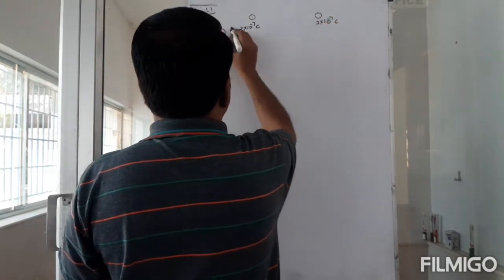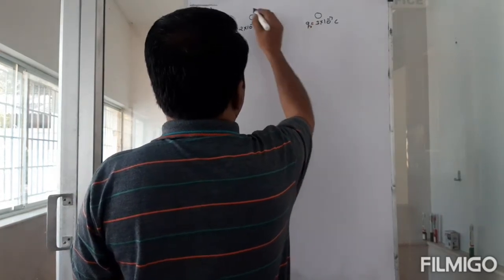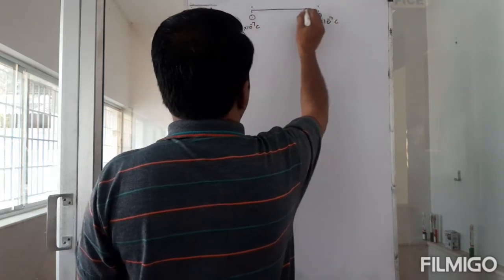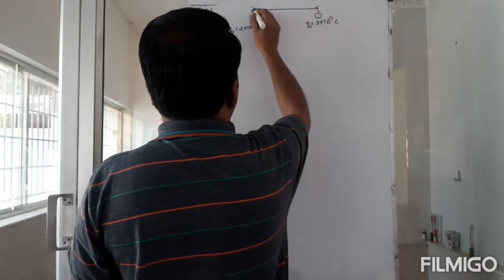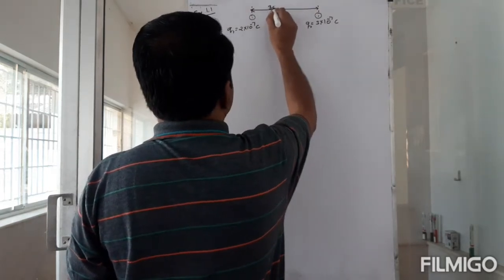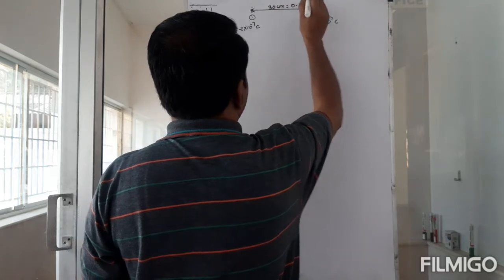I call this Q1, and this is Q2. And their centers are separated by a distance of 30 centimeters. So 30 centimeters is equal to 0.3 meters.